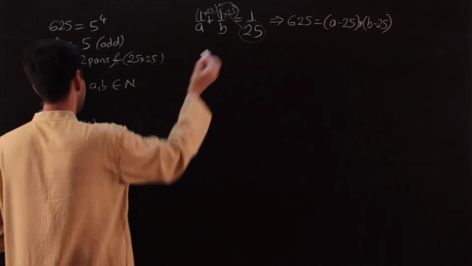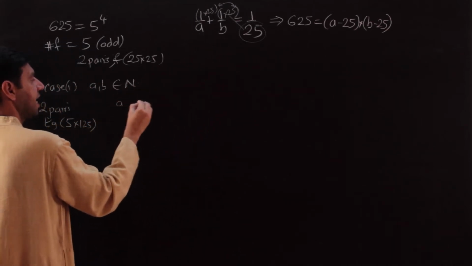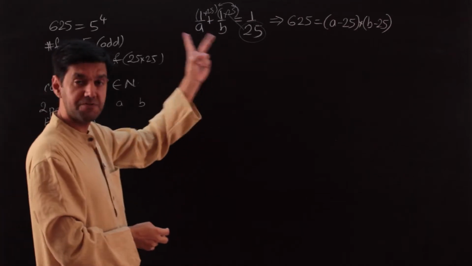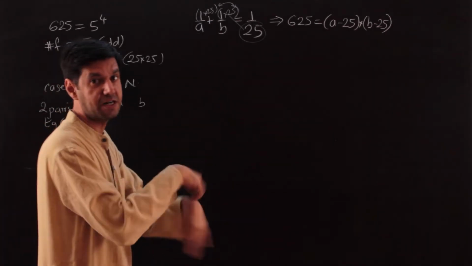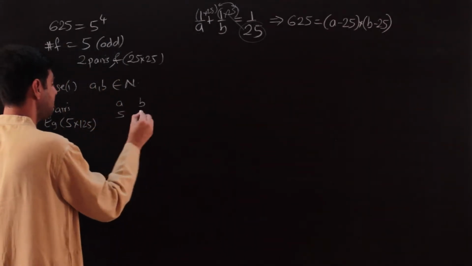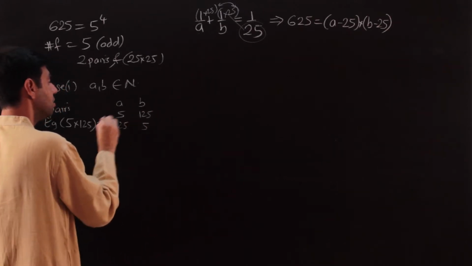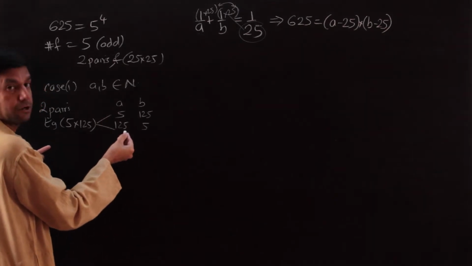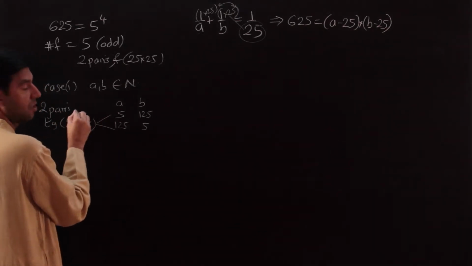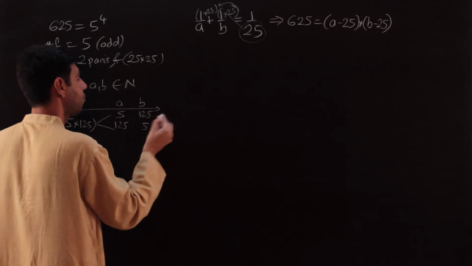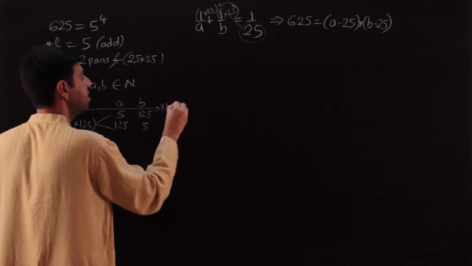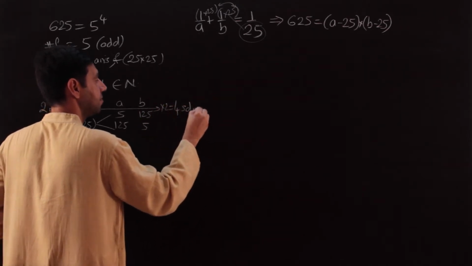But remember, there's an a and a b, and a and b are variables of the question, so interchanging the values would result in new solutions. I could have a as 5 and b as 125, or b as 125 and a as 5. So each pair is going to result in 2, and there are 2 such pairs, so 2 into 2, that is 4 solutions.